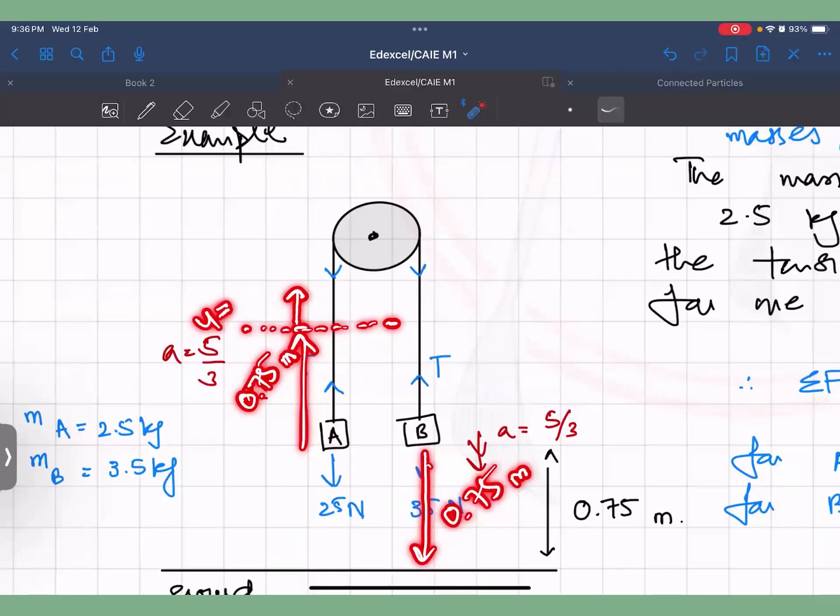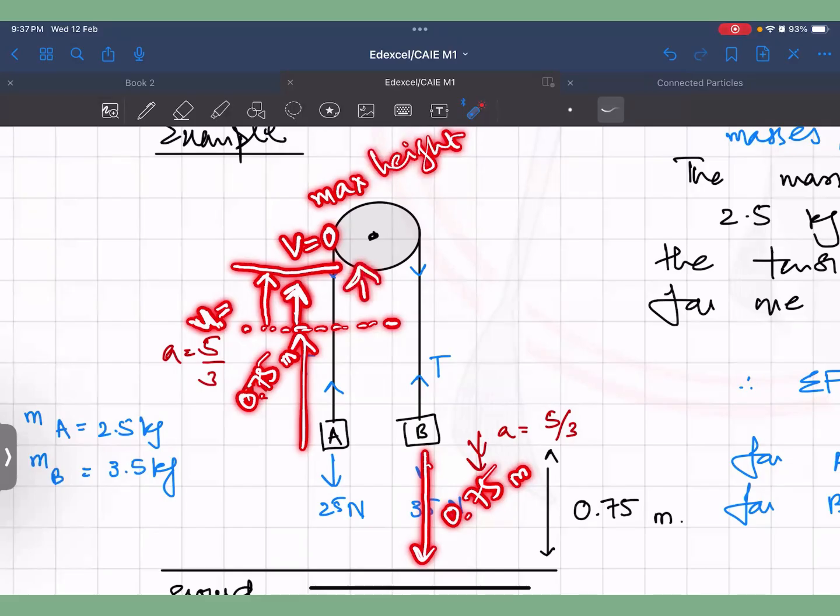B is landed on the ground. There is no tension in the string. So for this subsequent motion, the string is slack, but because of the velocity of A, it is going to slightly move more upwards and then reach a point where its final velocity would become 0 at the maximum position. So this is the height which they're asking us, the total maximum height that A has reached. Any questions over here?